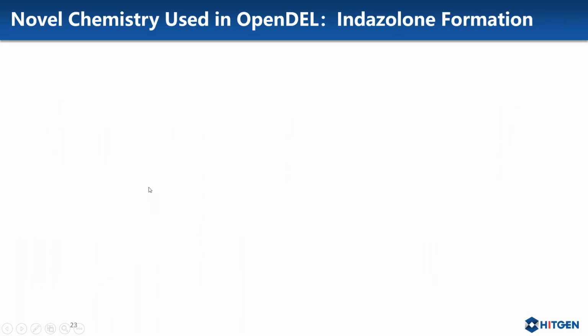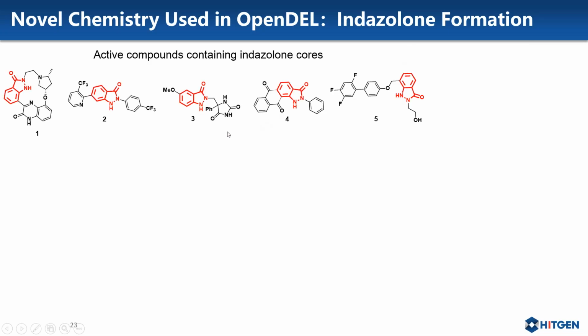The second example is also an indazolone-focused library. Here are some FDA-approved drugs and also some active compounds reported in the literature. All of them contain the indazolone core structure. At that time, we also considered whether we could include those core structures in our OpenDEL collections.